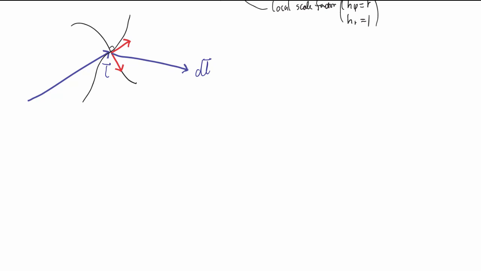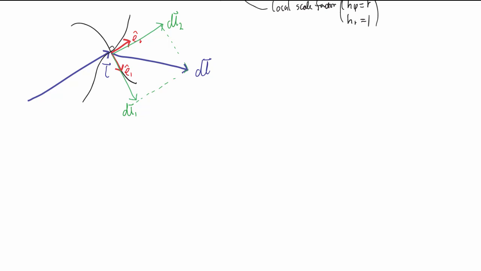So we now have unit vectors. This becomes e1 hat. This is e2 hat. We can decompose the dl onto those unit vector directions, like that. This is dl2, dl1.